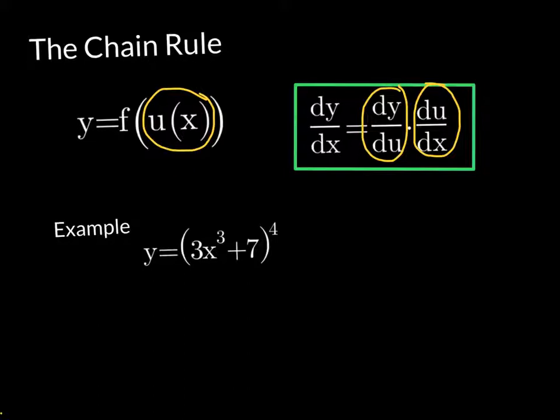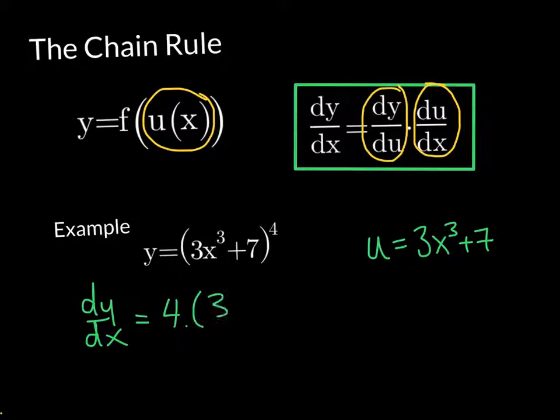So we have y is equal to 3x cubed plus 7, all to the power of 4. So we have this external function, which is whatever is in the bracket to the power of 4, and then we have the internal function u inside the bracket, which is the x cubed plus 7. Okay, so our differential dy by dx is equal to, first we differentiate the external function, so the 4 comes down the front as a multiplier, the thing inside the bracket just stays the same, we don't change that.